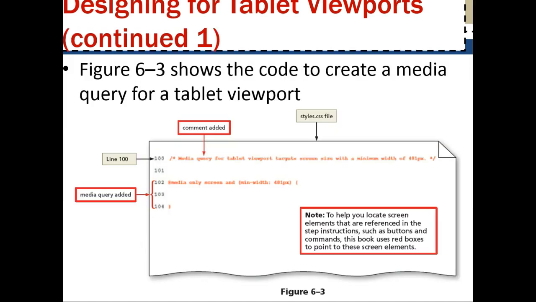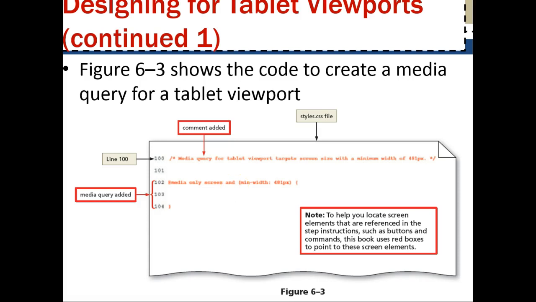So this figure is actually showing the code to create a media query for a tablet viewport. So in here you can see on line 100 that we have a comment, media query for tablet viewport targets screen size with a minimum width of 481 pixel. And in here we just put the code media only screen and minimum width 481.